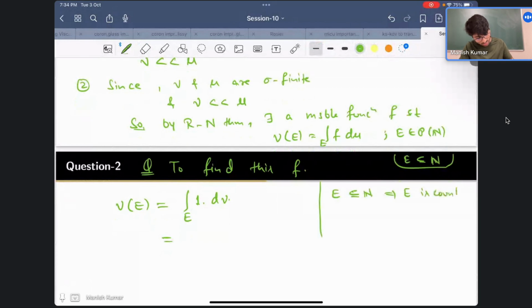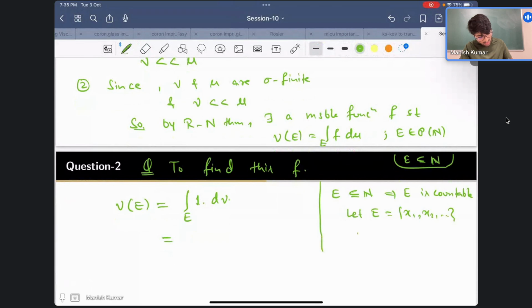And in fact you can write E as a disjoint union of points, so let E equal x1, x2 and so on. It may be finite, it may be infinite, we don't care.